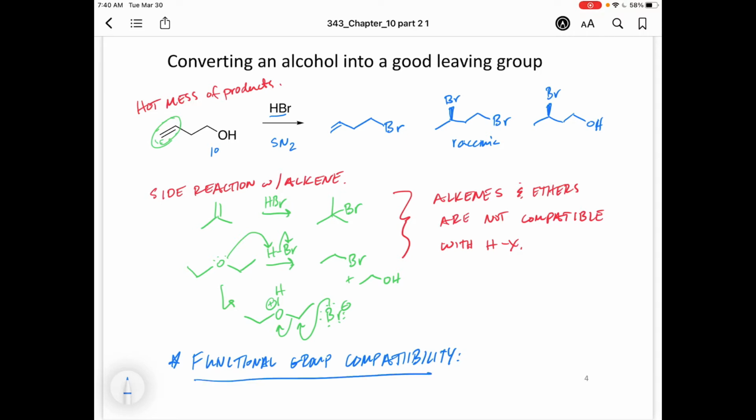We really want to find reactions that give us the product we're looking for, but don't affect things in the reaction that we don't want it to touch. We want to keep that alkene, but instead we get side reactions with a functional group. And this isn't desired. So there's tons of different ways we can turn the alcohol into a leaving group. And that's what we're going to learn in this video today. And then by the end of the video, you'll be able to know which one to choose under certain circumstances.